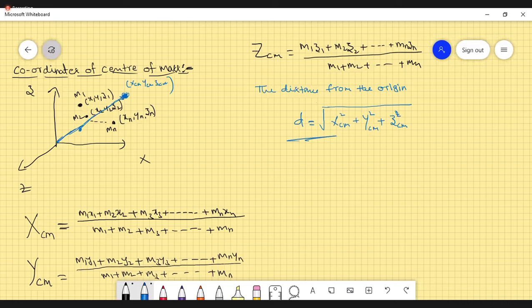So this is the distance. Understood? The position vector can be expressed as x square plus y square plus z square, but since we are calculating the distance of the center of mass, it is the square root of x square plus y square plus z square. Understood?